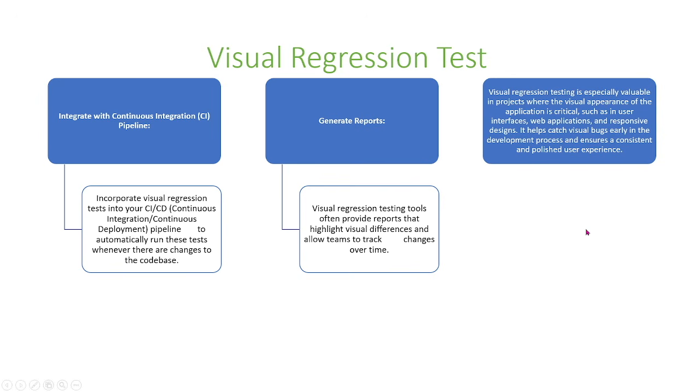It is especially valuable in projects where the visual appearance of the application is critical, such as user interfaces, web applications, and responsive designs. It helps capture visual bugs earlier in the development process and ensures a consistent and polished user experience.